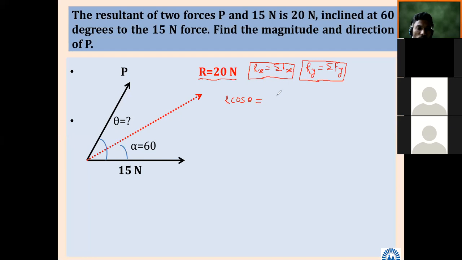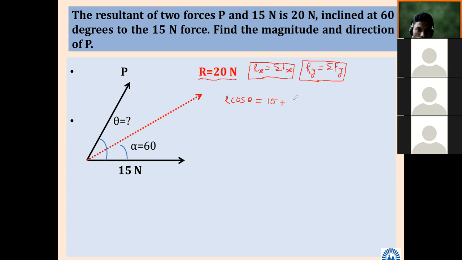So how many forces are given? 15 Newton and force P. What will be the X component of the 15 Newton force? It will be only 15 Newton, plus the X component of the P force, which is unknown, and which has made an angle theta with the X-axis.